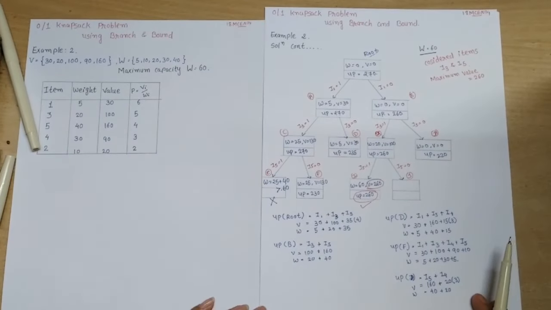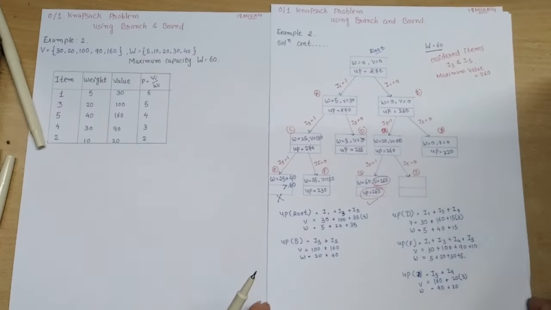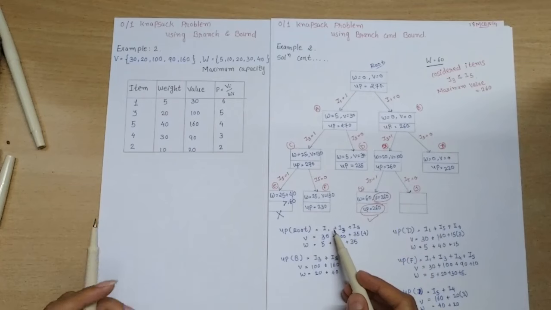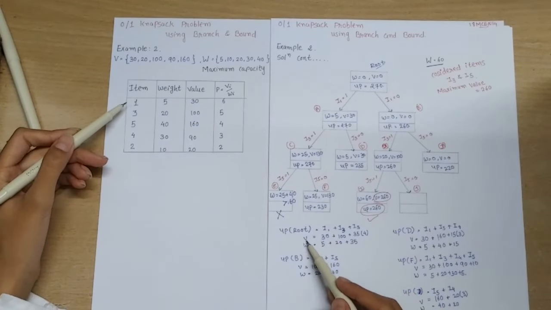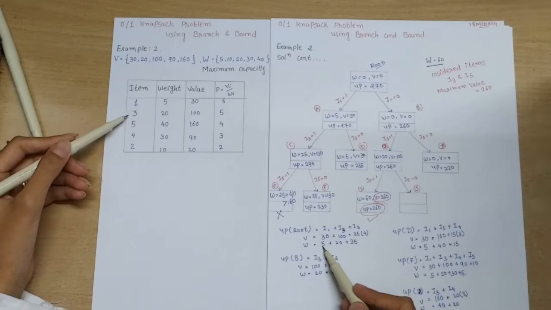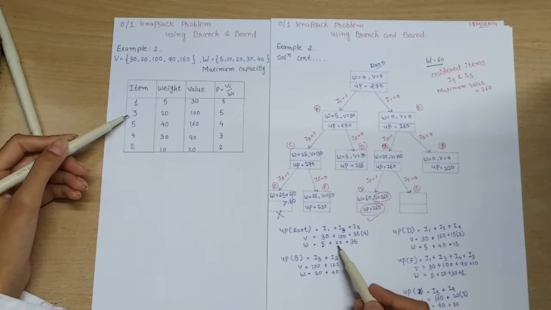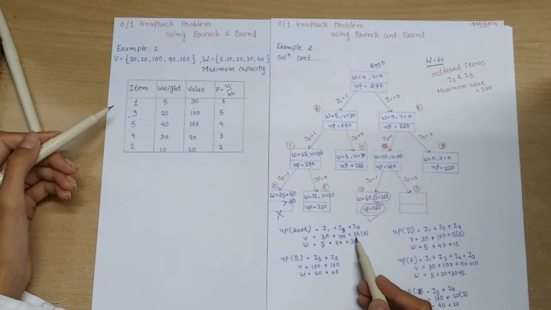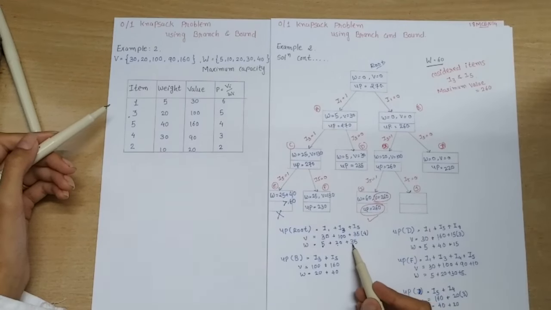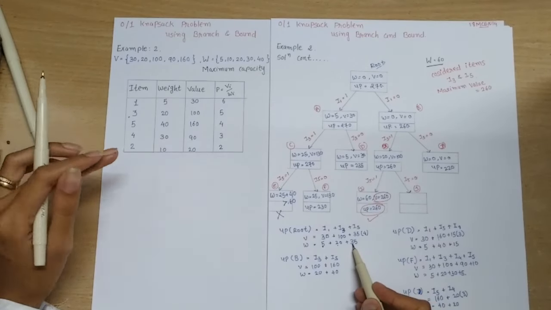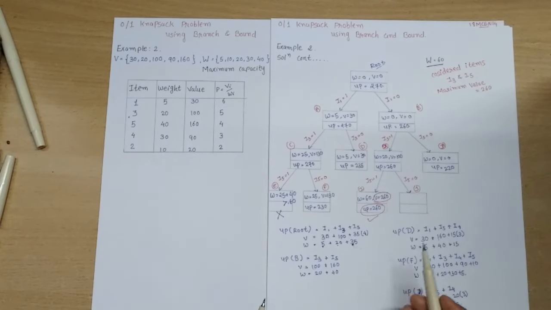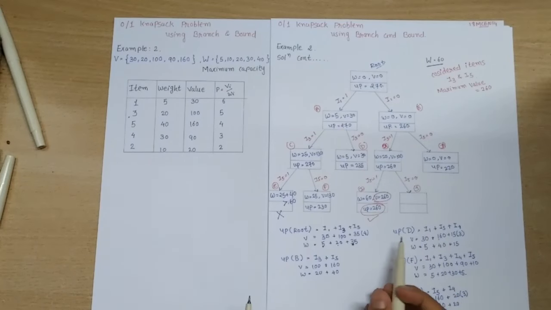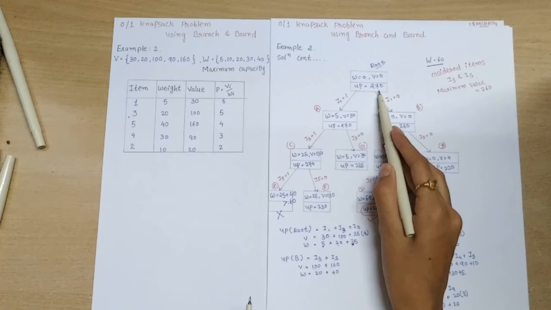Now to calculate the upper bound of the root, let's take item 1 having value 30 and weight 5, item 3 having value 100 and weight 20, and item 5 having value 35 into 4 and weight only 35, because we have to take only capacity of 60. So the upper bound will be 270.